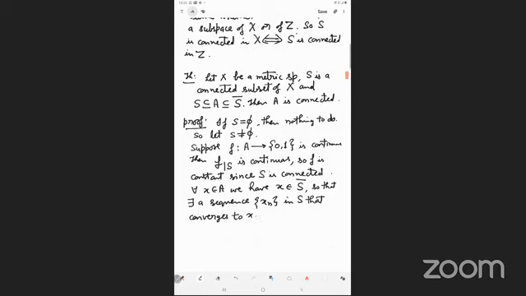And here we are taking f as a continuous function, so we can say that since f is a continuous function, the sequence f(xn) converges to f(x).